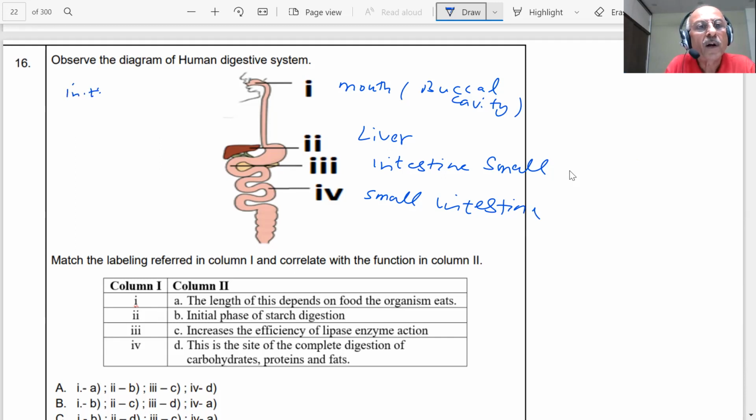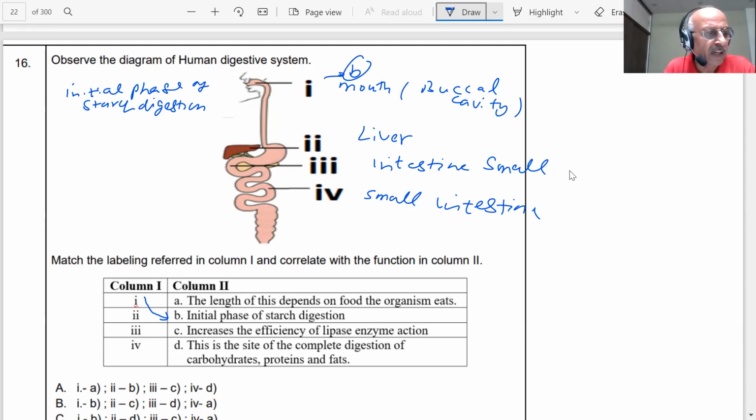So which one is this, student? One is going with B. B is the initial phase of starch digestion.